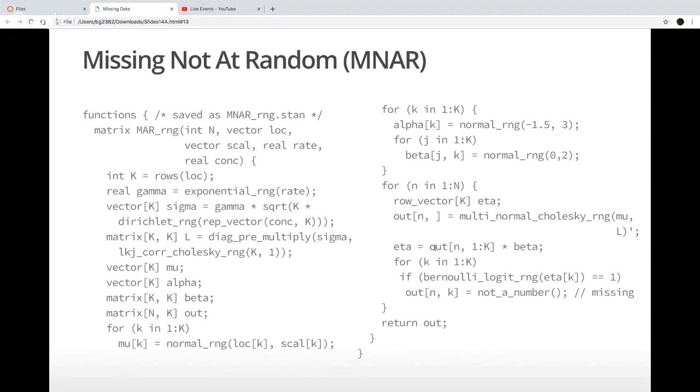But in the more general and frankly more realistic case, where the missingness is not at random, it could depend on the true values of the data points that went missing. So people who are richer being less likely to tell you what their income is, etc. Then your Stan program, or whatever you're doing it in, but presumably Stan, needs to have a part of the model where you model the missingness observation mechanism.